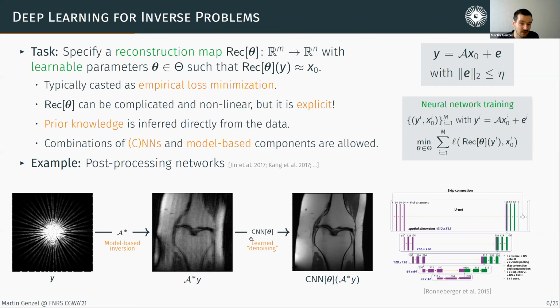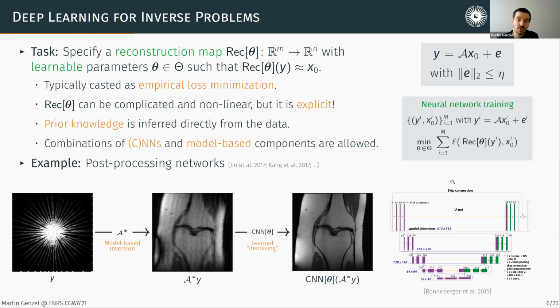So typically these are not just a few convolutional layers, but something more sophisticated like the U-Net, which you can see on the right-hand side. So I won't go too much into details here. Basically, it's a fully convolutional network that maps images to images, and it has this encoder-decoder structure. It involves subsampling and also has many skip connections and gives us this typical U shape, and this explains why it's called the U-Net.